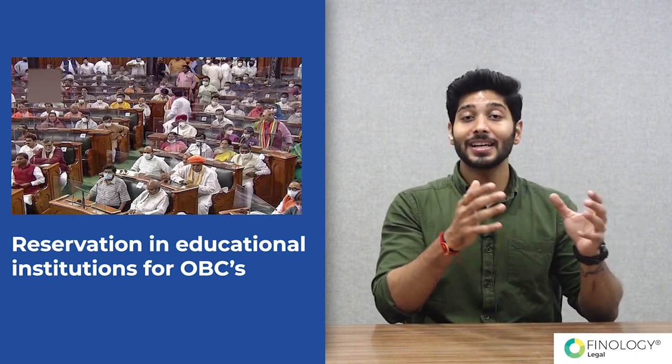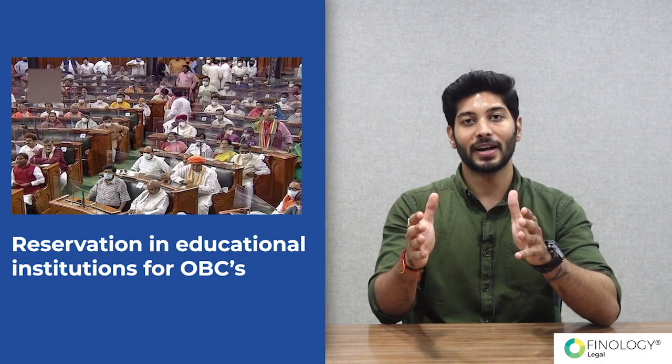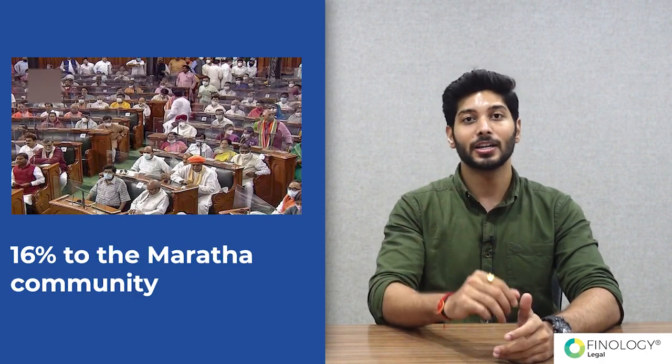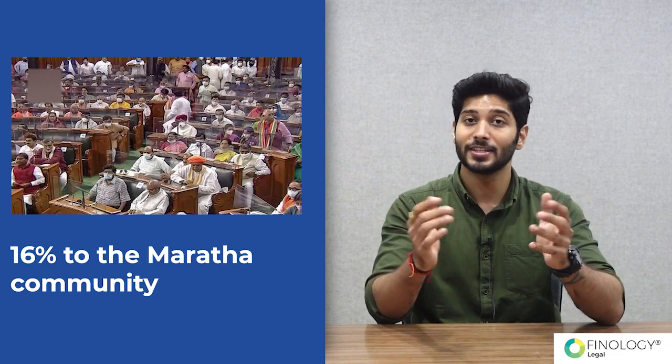And more recently, we have seen the quotas that were provided to the economically weaker section of the society along with the Maratha community, which was of course overturned by the Supreme Court. But in this video, we are looking at the recent hot topic, that is the 127th Amendment Bill.